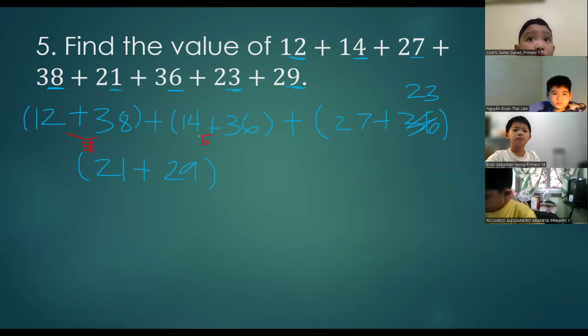So you just have to add how many 50s? 50, 50, 50, and 50. So you just have to add 4 50s here. And that would be equal to 200. All right?